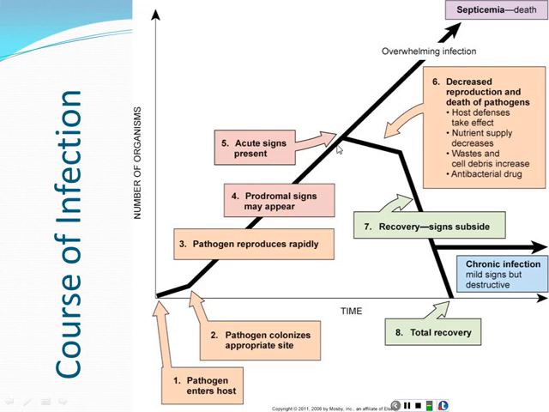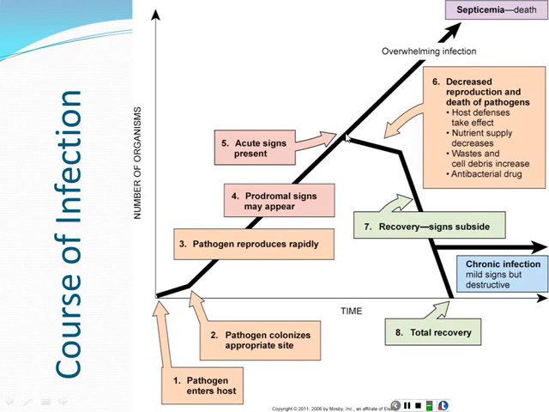And then by the time the organism reaches this level where there are lots and lots of them, that's when you start to see the acute signs. So like in flu, for example, this is where you're going to start seeing the cough, and you're going to start seeing the runny nose and oftentimes the sore throat. So you actually start to see signs of an illness, not just the vague, I don't feel well of the prodromal period.